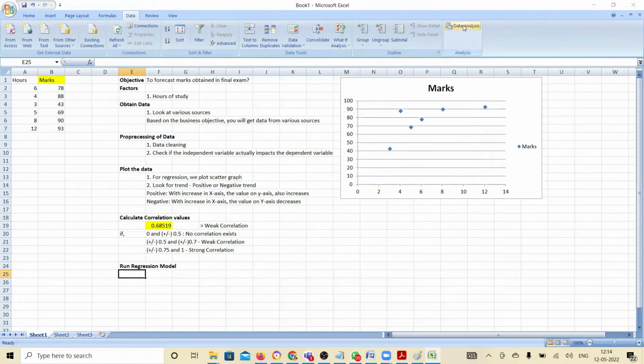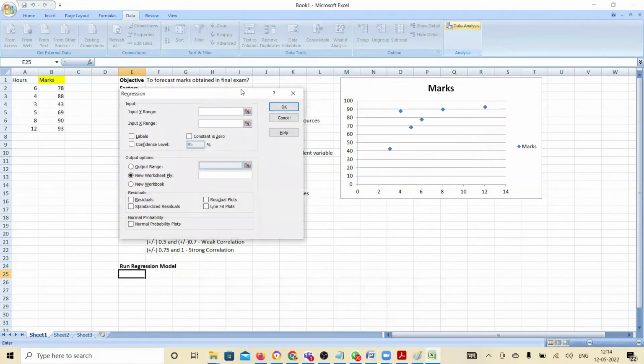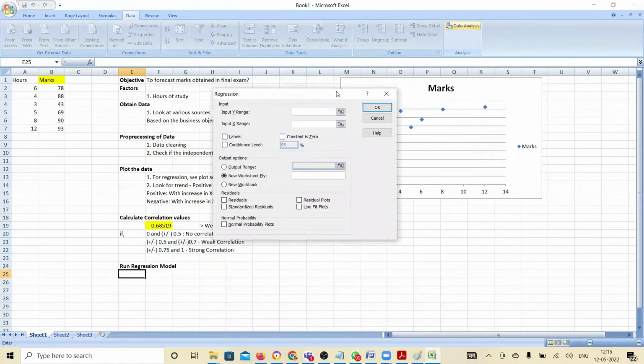You click on data analysis. After you click on data analysis, if you scroll down a little bit, you will see regression. So you're going to run regression now. I click on OK. This small screen will pop up. Here we need to add all the information.